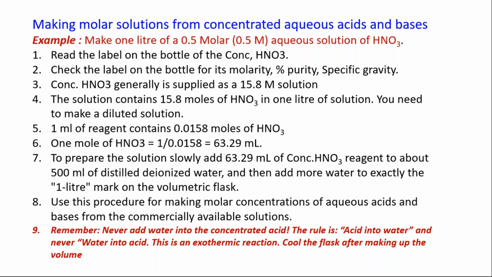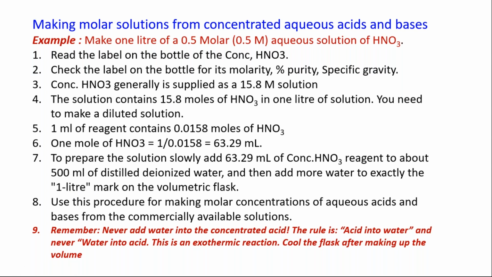Concentrated nitric acid is generally supplied as a 15.8 molar solution. What that indicates is that 1 liter of the concentrated nitric acid contains 15.8 moles of nitric acid.